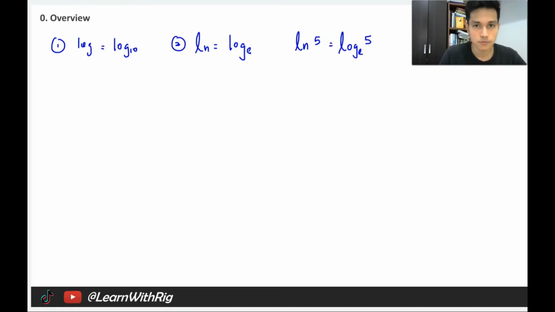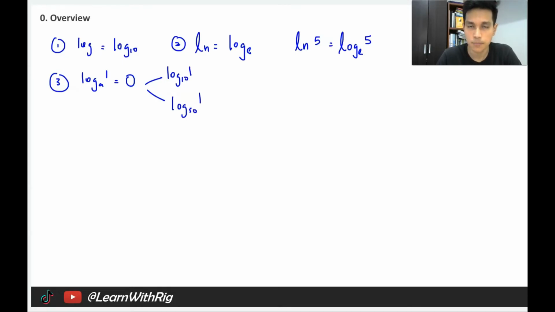The next thing you have to know is log 1 base a is equal to 0. What does this mean? It means that any log, whether it's log base 5, log base 10, or any value, any log that has 1 as the value, so that means log 1 base 10 or log 1 base 50, any base value, if you see log 1, automatically you know it becomes 0.